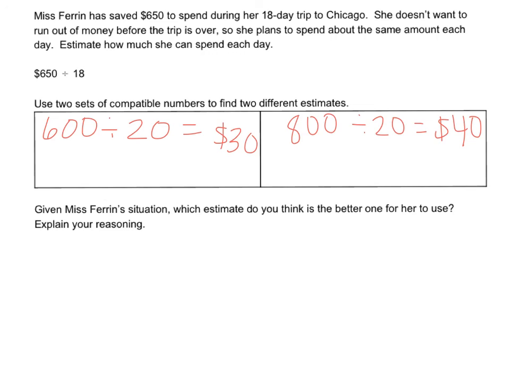Now, the question is, given this situation, dealing with money, and seeing as how I don't really want to run out of money for my last day, what if I'm doing something really fun my last day and I don't have any money to do it with? So given that situation with my money, which estimate do you think is the better one for me to follow?